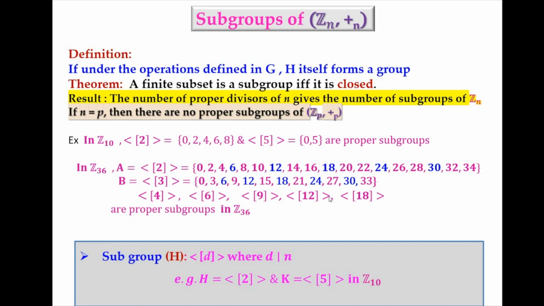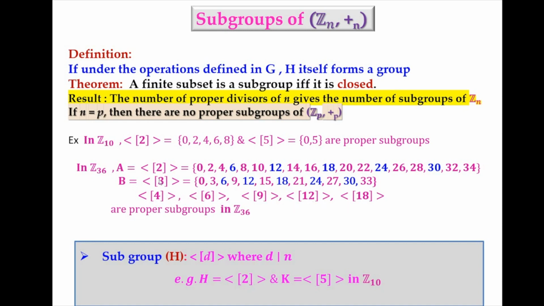Now in the case of Z36, we shall call A the group given by this collection of elements, and then B the group generated by class 3, and other than that the groups generated by 4, 6, 9, 12, 18.